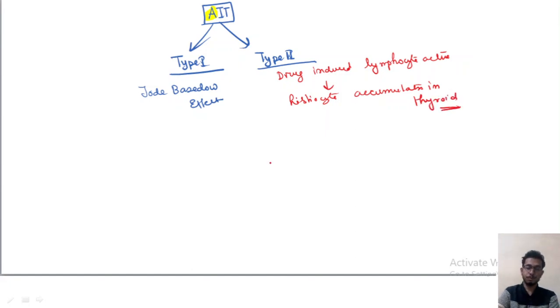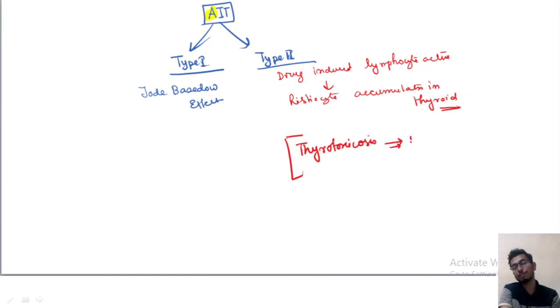So what happens here? Due to the accumulation and damage of the thyroid, a huge amount of thyroid hormone is released into the body, but apparently after that the thyroid becomes non-functional, resulting in hypothyroidism in the later stage. So initially the presentation will be with thyrotoxicosis, and in the milder variety the patient will end up in hypothyroidism in the long run.